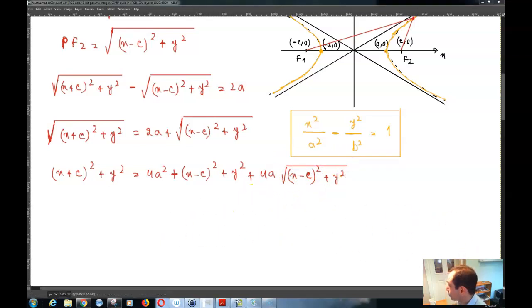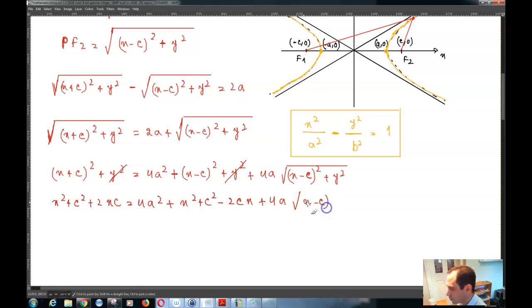Now of course you can simplify this a little bit, meaning that you can simplify Y squared with Y squared, and you can expand this part: X squared plus C squared plus 2 times XC is equal to 4 times A squared plus X squared plus C squared minus 2 times CX plus 4A times the square root of X minus C whole squared plus Y squared.